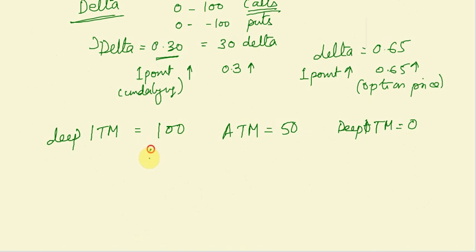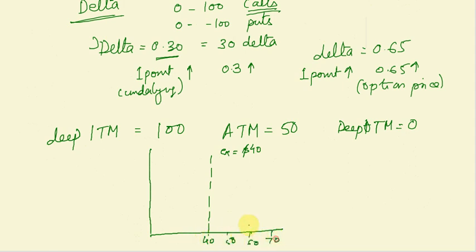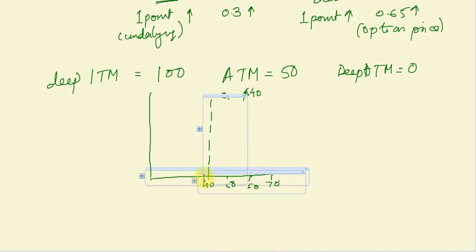So if you look at the graph, this is how a delta would look like. Suppose I have an option with an exercise price of $40, then 50, 60, 70, and the values decreasing over here, 30, 20, and this is the delta, say 100, 50, 0.